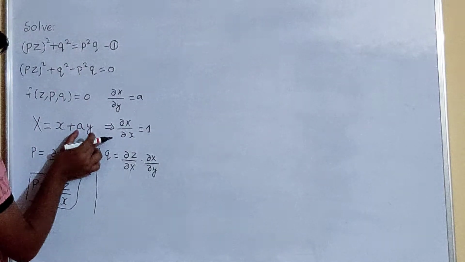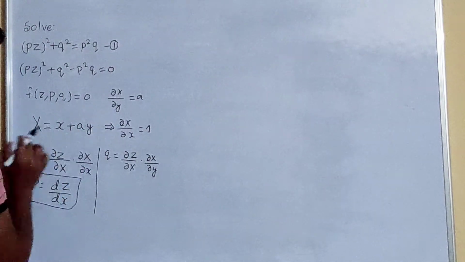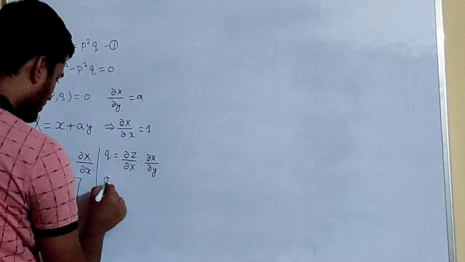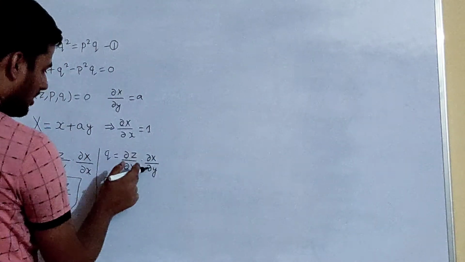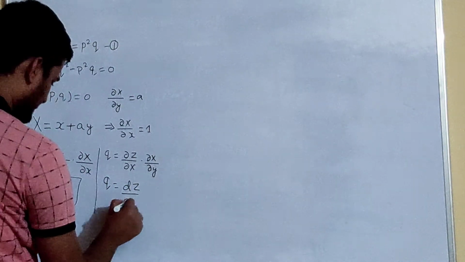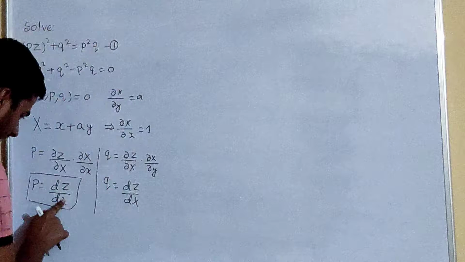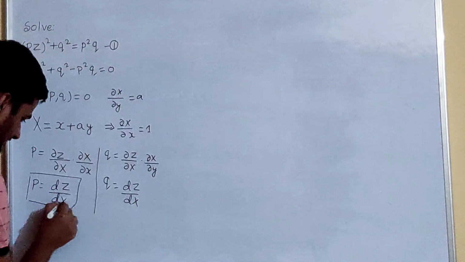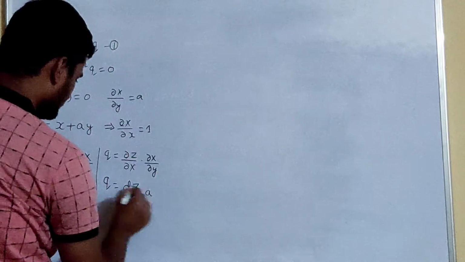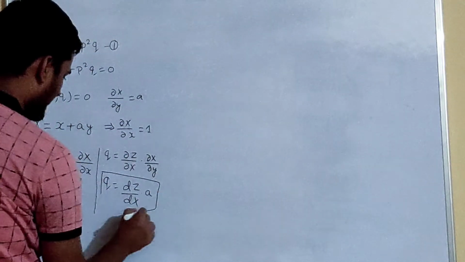The derivative of y with respect to y is 1 and multiplied by a, so I will put this a here. So q again, because z is completely a function of capital X, I can write dz by dX, into a. So I got the value of q as well.